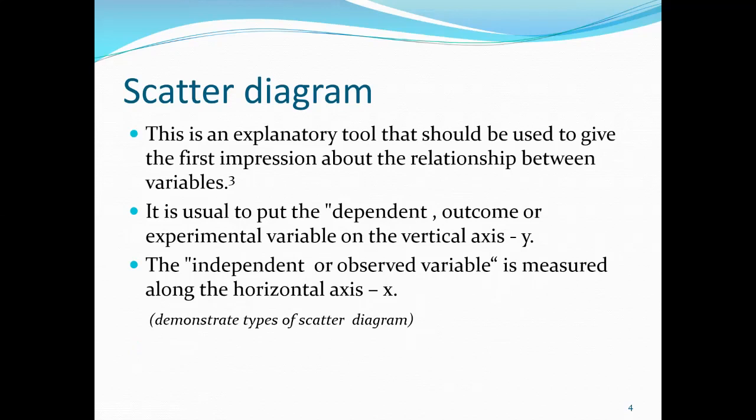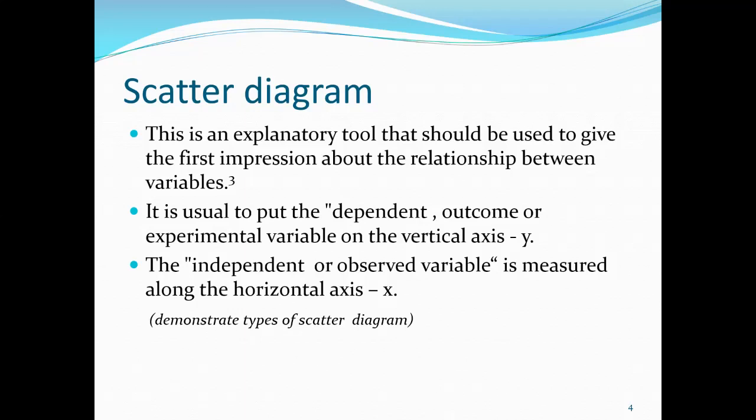When we're talking about correlation, it is usual to put the dependent or outcome or experimental variable on the y-axis, which is the vertical axis, and we put the independent or observed variable along the horizontal axis, which is our variable x.